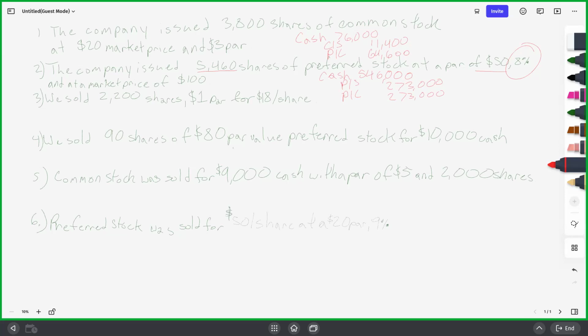So we now sold 2,200 shares, $1 for $18 a share.